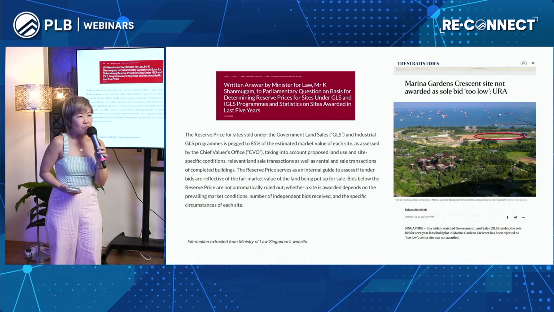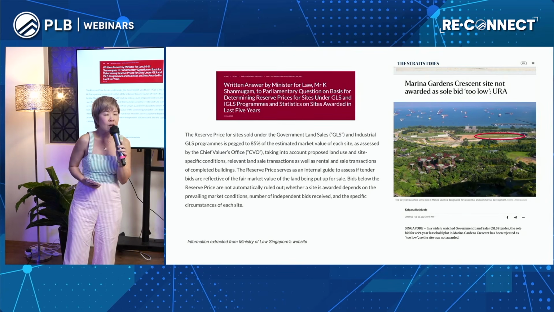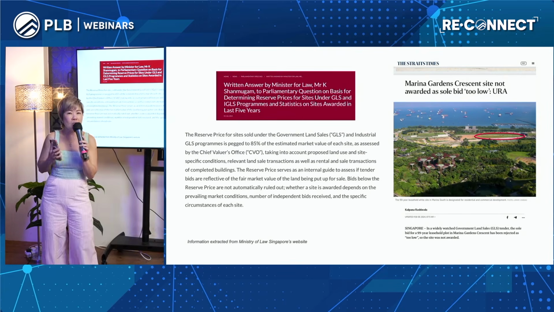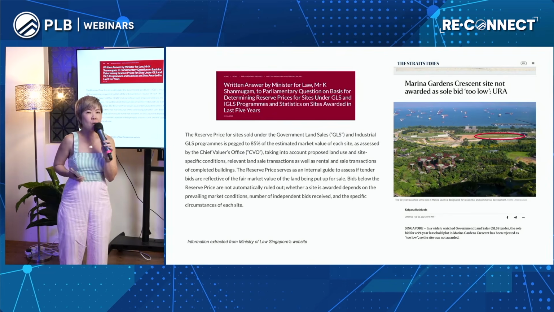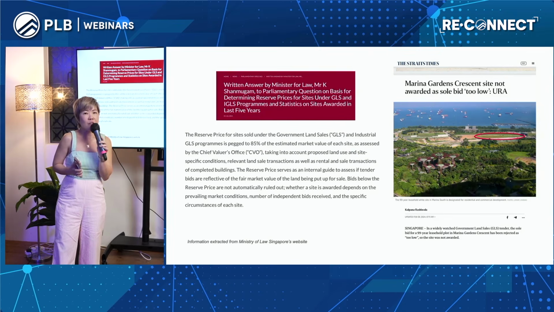Yeah. However, if you look at the government land sale, the key thing that's important is that the government has a reserve price for the land sale, which is pegged at 85%. The valuer will value the existing transaction sales in the region, look at what the land is used for and the site condition, and then set the reserve price at 85%.